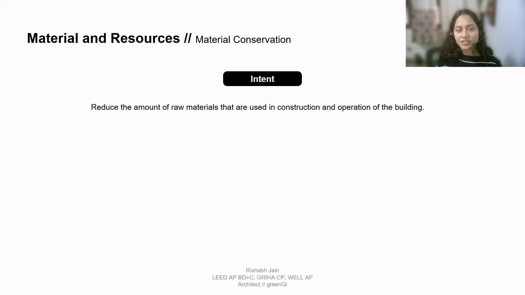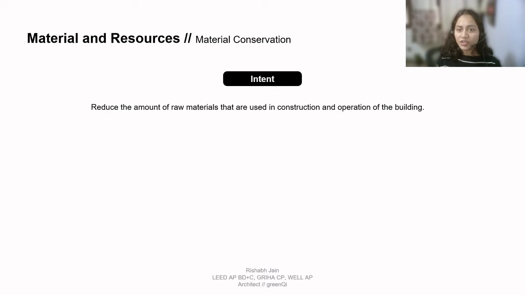So the intent here is that we reduce the amount of raw material that is used. Before you even select materials for your building, the intent is to reduce the amount of materials that you are using. So it's important that we reduce the amount of raw materials that are extracted, and we reduce the amount of materials that are used in the operations.